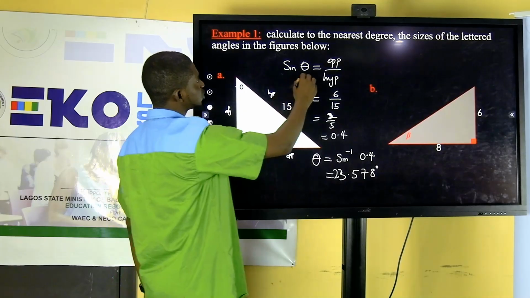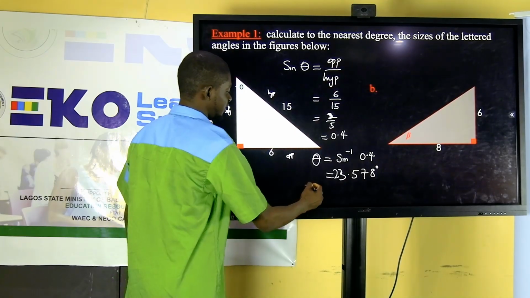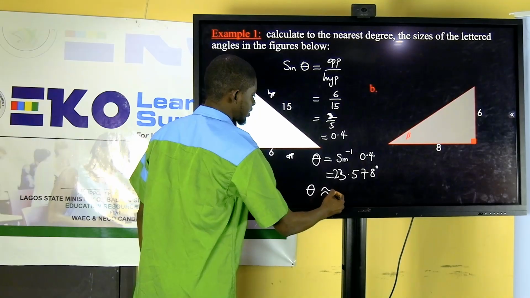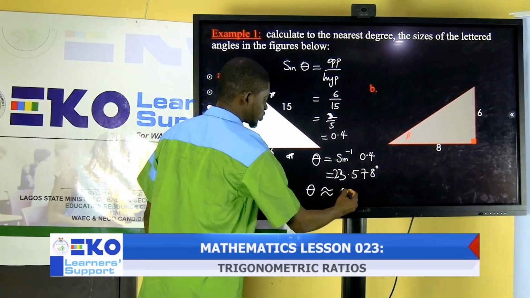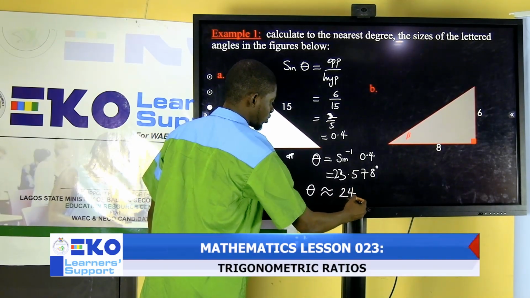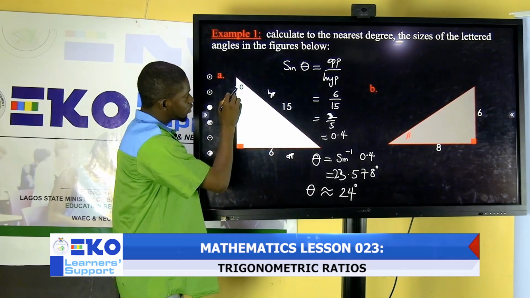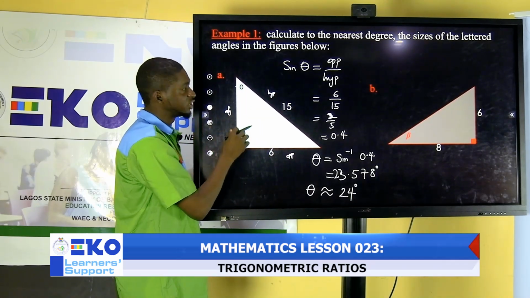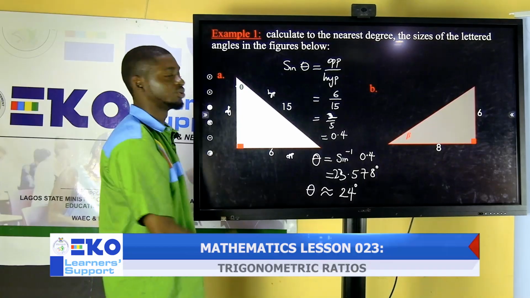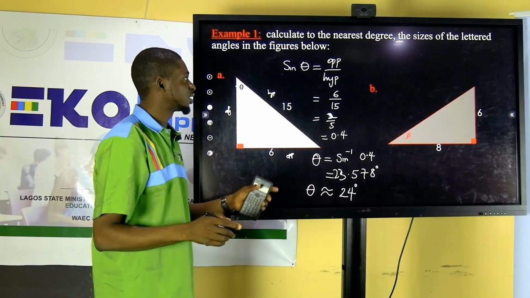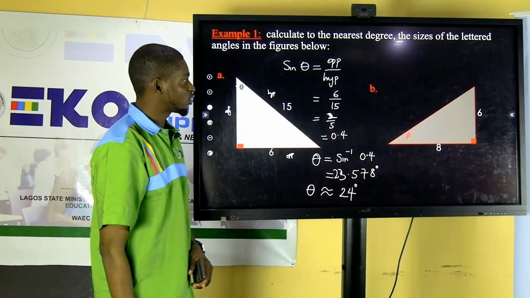However, the question says to the nearest degree, so we have to approximate this. To the nearest degree, it becomes 24 degrees. So that is the angle theta using trigonometric ratio. Remember, SOH CAH TOA. Let's look at the second question.